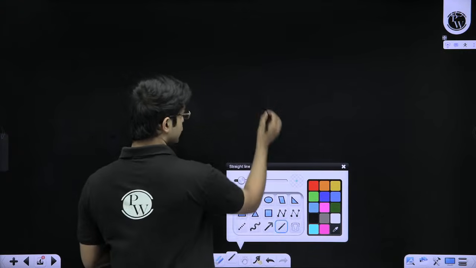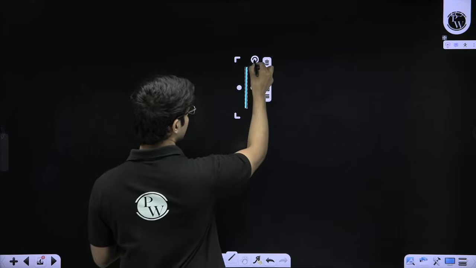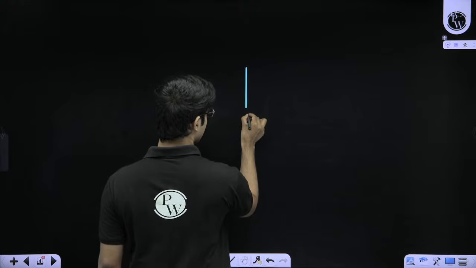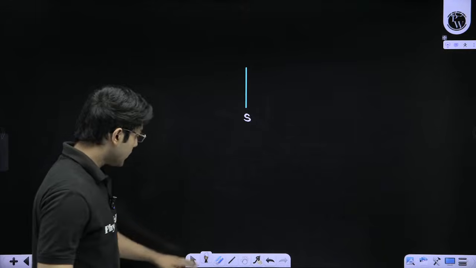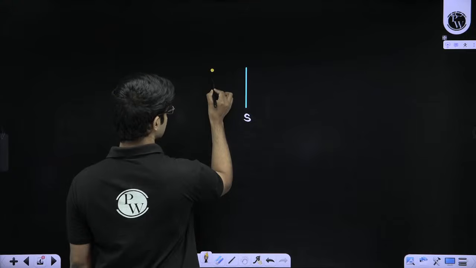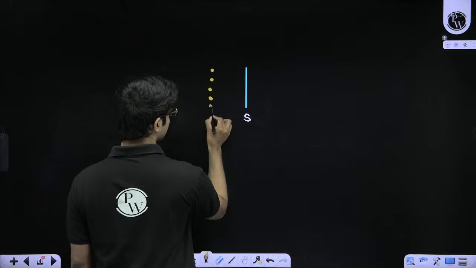Whenever we have charges in motion, let's take a cross-sectional area. I'm looking at the side view of a cross-sectional area, and I'm calling it S. On the left side of this cross section, I am taking a bunch of charges, which I am considering as points only.